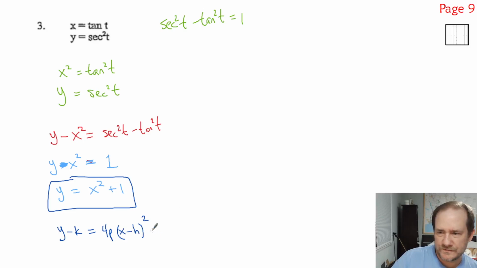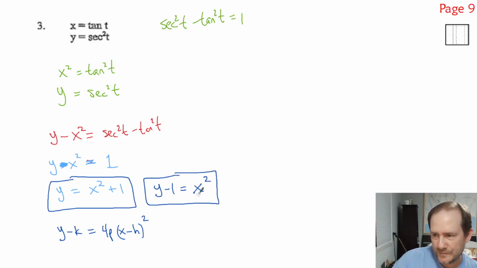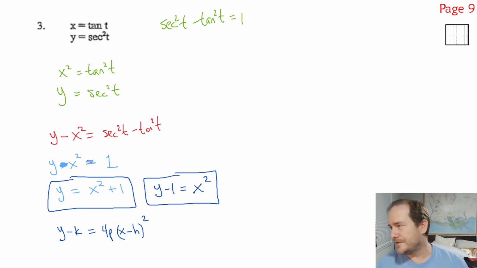So just notice that in this form, there's nothing being added on to the guy that's getting squared. So this plus 1, you'd want to subtract it and go y minus 1 equals x squared. This would be the conic sections form, and that would be acceptable. This is sort of the standard form. That's acceptable too. Of course it is, because that's much easier to understand. You guys know that one better.